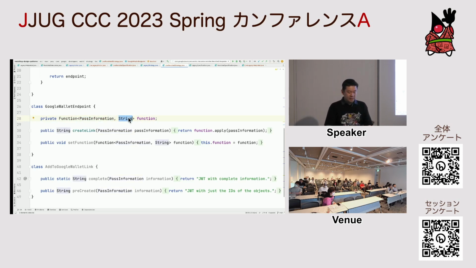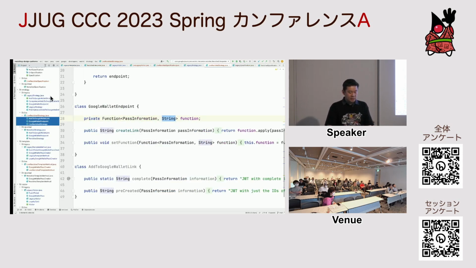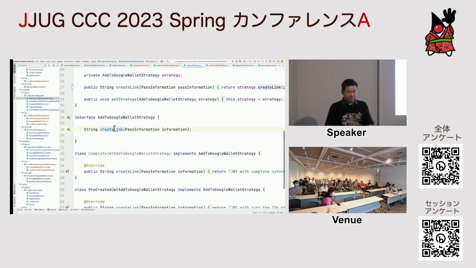Look at this function, and look at this Add to Google Wallet strategy. Same signature. I'm receiving a pass information and returning a string.